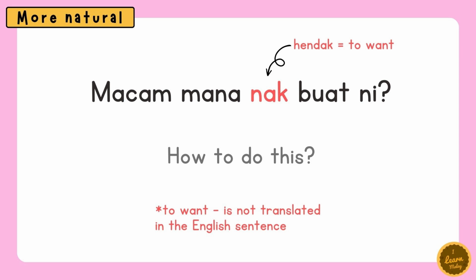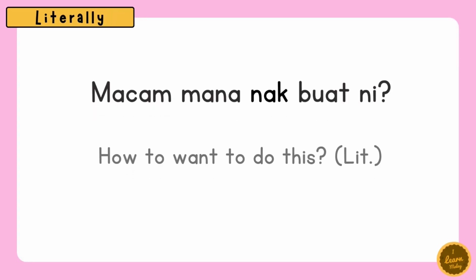This sentence basically means the same as the previous example, but it sounds more natural in Malay, and I personally prefer to use this. Literally, it means how to want to do this. Macam mana means how, nak means to want, buat means to do or to make, and ni means this.